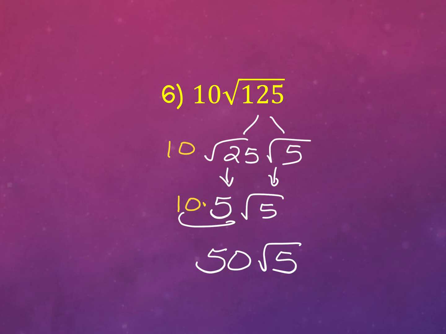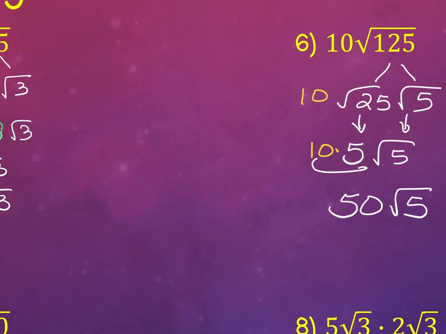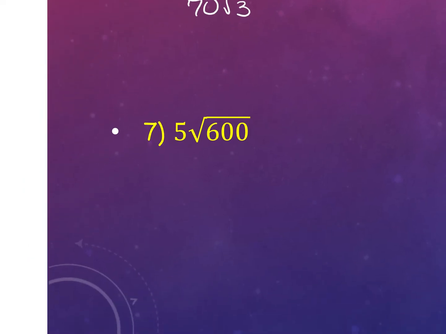We're going to do this so often that you're going to be able to look at these numbers and automatically know what that largest perfect square is, and then not have to take it all the way down to prime. Pretty good? Let's try another one. We're just doing lots of practice here. Number 7.